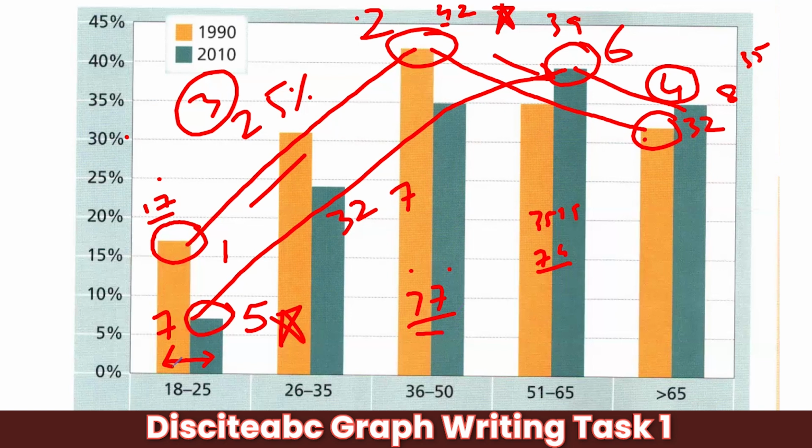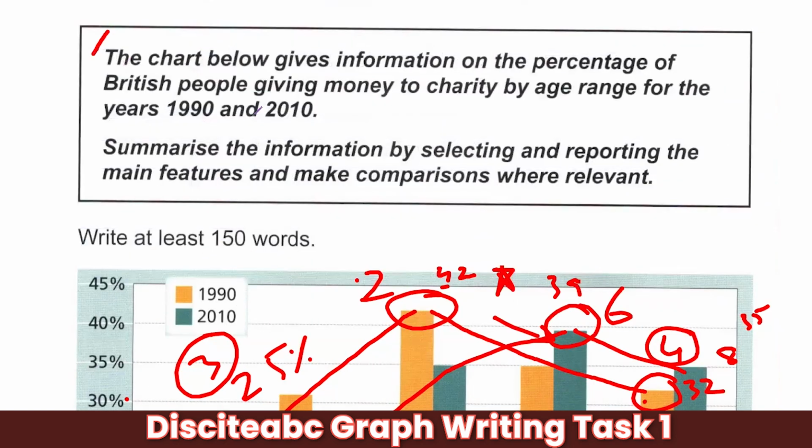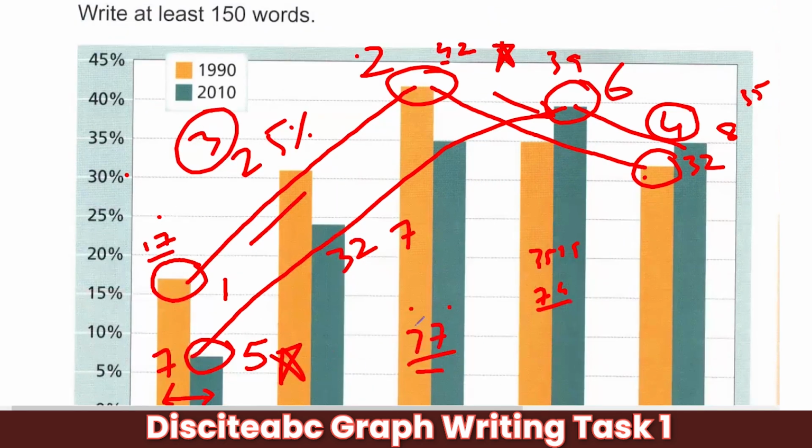So that's our overall. Where does the overall help us? In overview or overall after the introduction, after paraphrasing. So when you're writing the introduction, what you do is you paraphrase this information and then you add this overall. And these two things make up your introduction. Can we write it at the end?